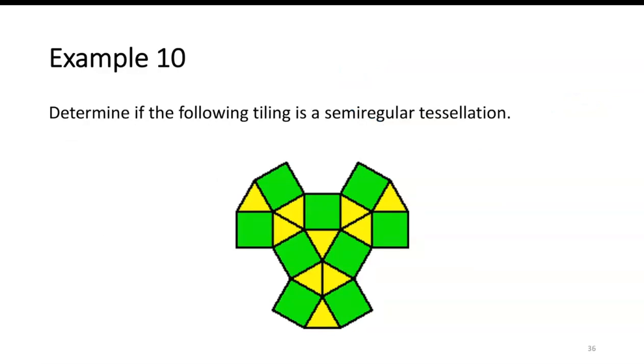And what about this one? From all the ones that we see, like this one right here, this one would look like a 3, 3, 4, 3, 4. This one right here looks like a 3, 3, 3, 4, 3, 4. That one also, this one also.